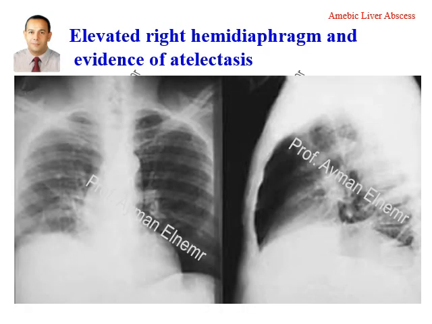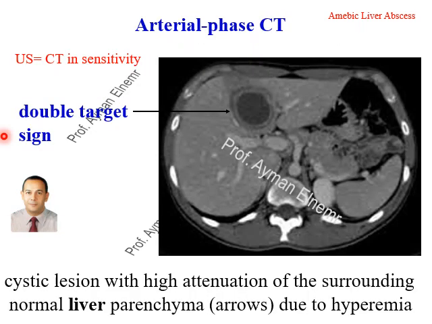In plain X-ray, we may find an elevated right hemidiaphragm and evidence of basal atelectasis or pleural effusion. The arterial phase of triphasic CT shows a cystic lesion with a high attenuation of the surrounding normal liver parenchyma, as shown by this arrow, due to the hyperemia, and this gives rise to what's called the double target sign.